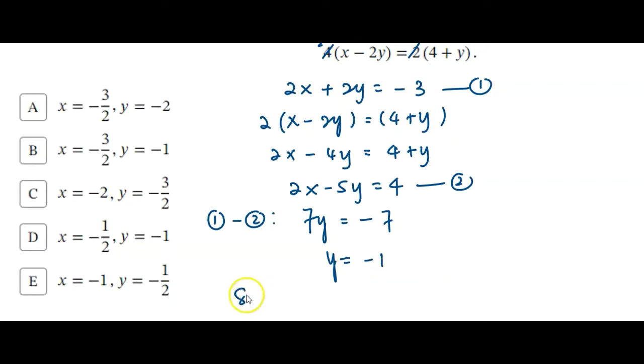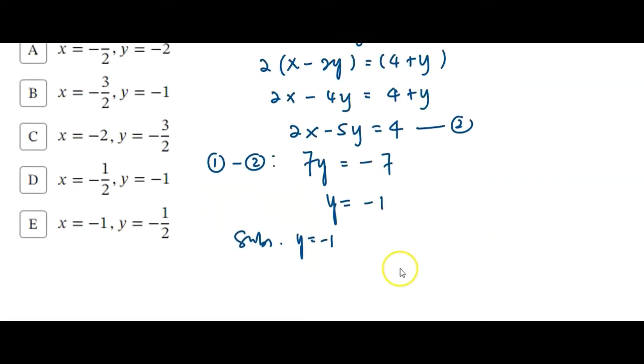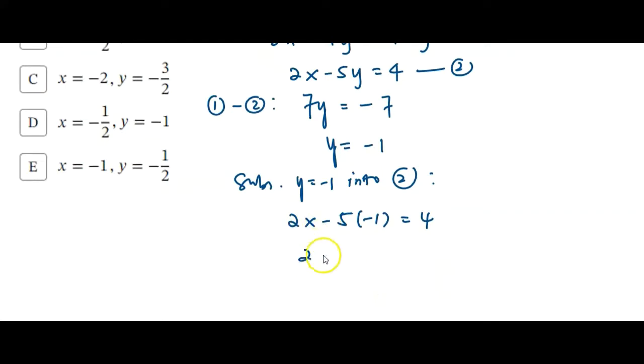Substitute y equals negative 1 into either equation 1 or 2. Maybe you can substitute into equation 2. Then you have 2x minus 5y, where y is replaced by negative 1, equals negative 4. Then 2x equals 4 minus 5, that is negative 1.